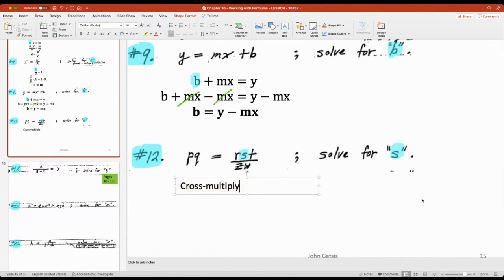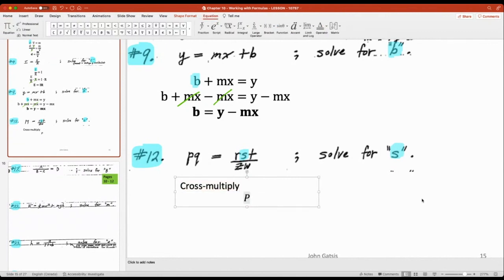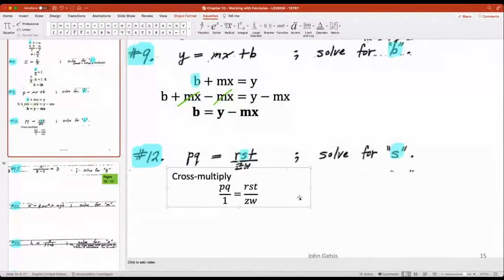So how does that apply here? We have PQ over 1 equals RST over ZW. All I did there was I made the PQ over 1, because you can always put something over 1.